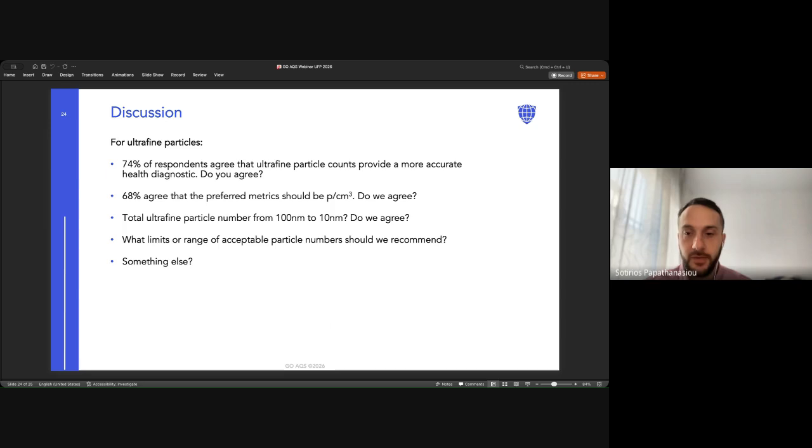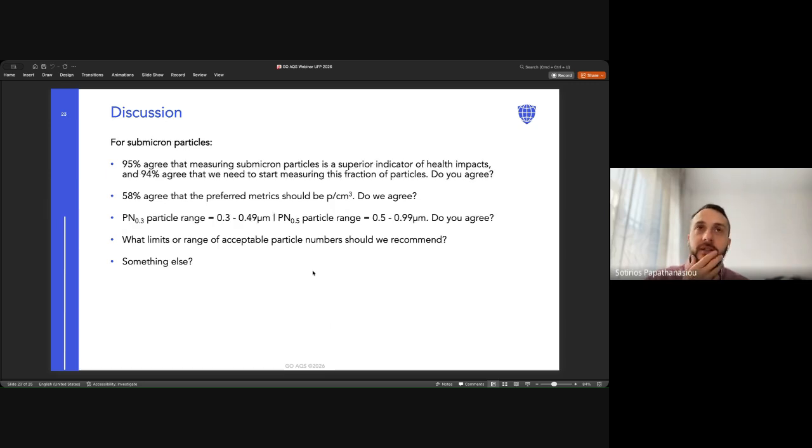Perfect. Absolutely. All right. Unless someone else has any other comment, I will close with this sentence. When it comes to submicron particles, we have to accumulate more information from research and your measurements out there.